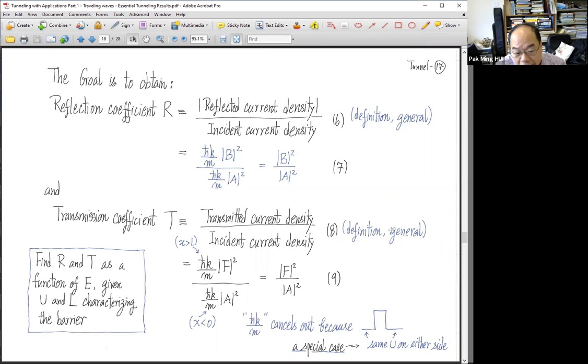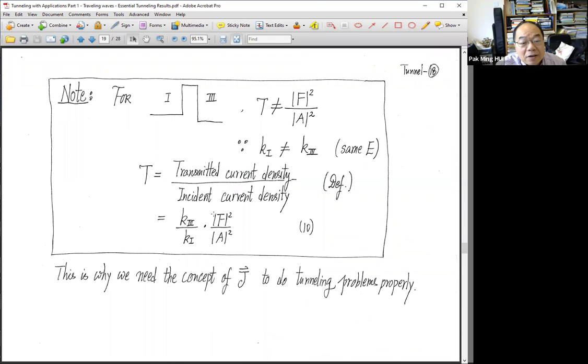So in this case, fortunately or unfortunately, because both sides have the same potential energy function being 0 there, the prefactor turns out to be the same, and then they cancel again, and you look for F squared over A squared, then you will get the transmission coefficient. But I must warn you that that is not the general situation.